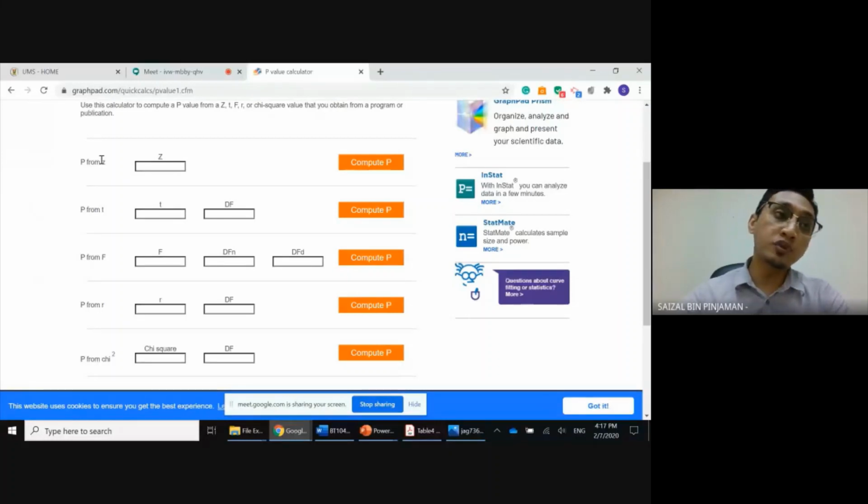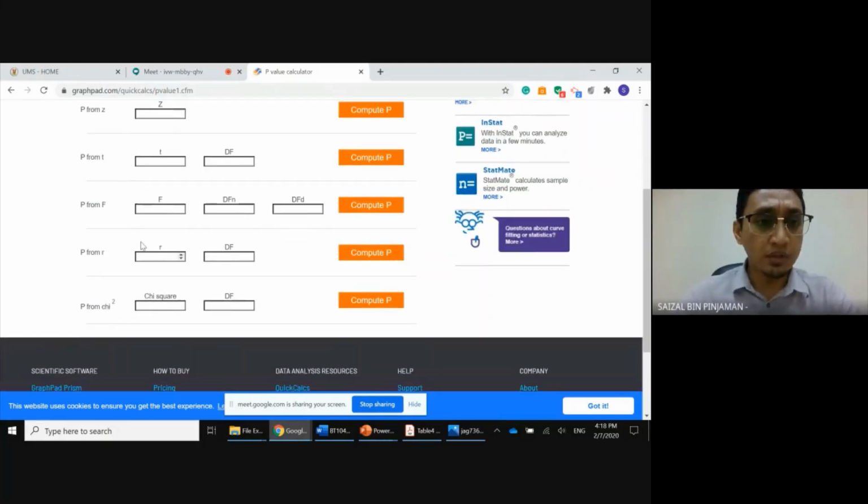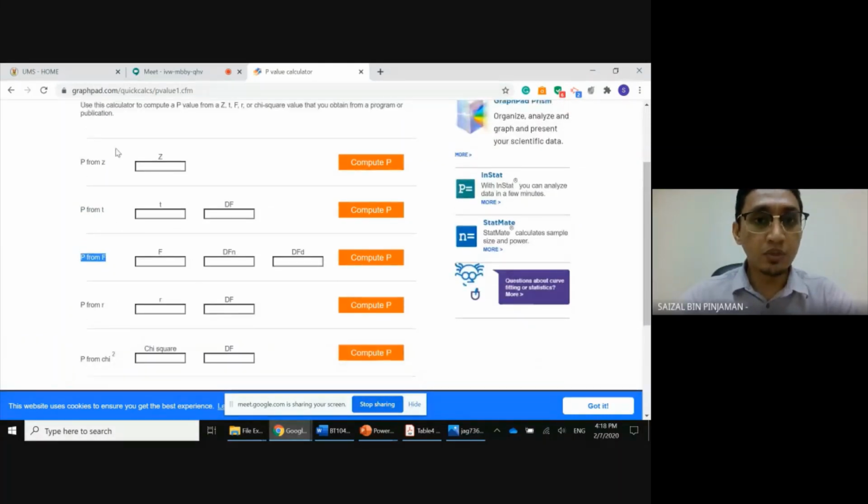Apart from the manual method, you can also use the online method, which means you can use an online calculator to determine the p-value for specific z, t, or F statistics. Here we are going to use the third option, converting or identifying the p-value for a certain F statistic.